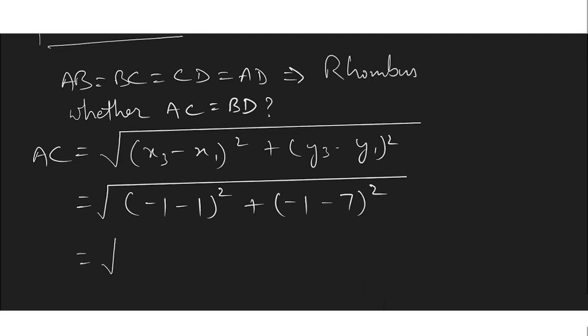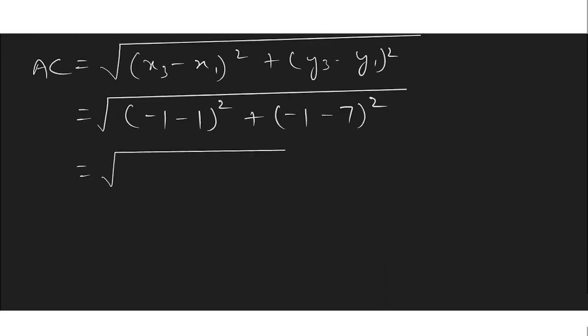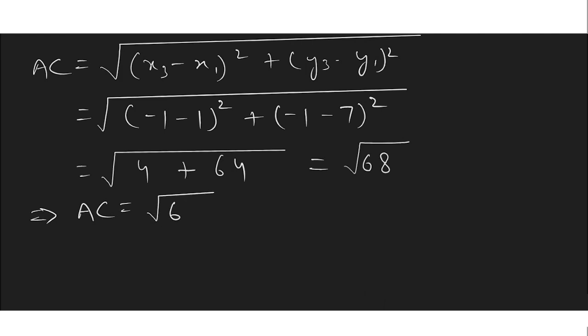This is equal to minus 2 square, which is 4, plus minus 1 minus 7, which is minus 8, its square is 64, which is square root of 68. This implies that AC is equal to square root of 68.